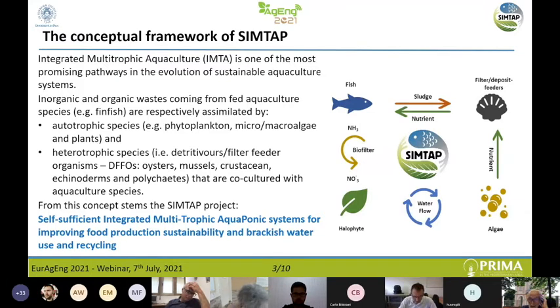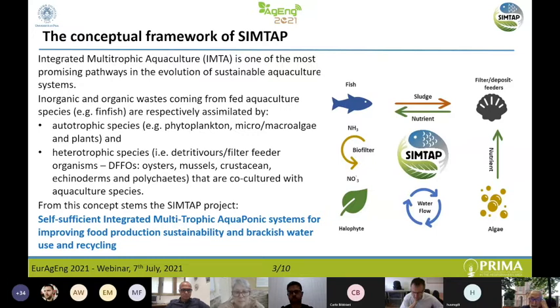The fish in the system will be fed with algae, worms, and mollusks, or other detritivorous or filter feeder organisms, DFFOs, producing the SIMTAP in partial or total replacement of traditional feed based on fish oil and fish meal. Actually, the system integrates an aquaculture system with a hydroponic cultivation of plants, which are capable of growing and developing at salinity levels close to those of seawater.